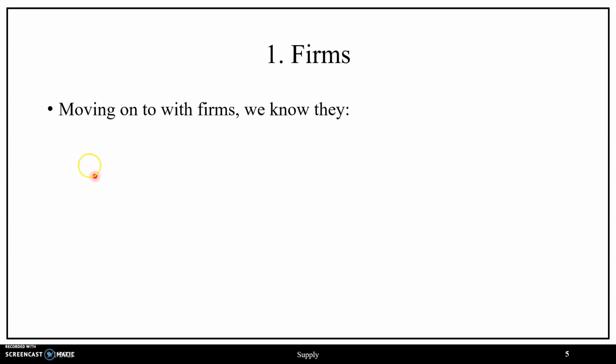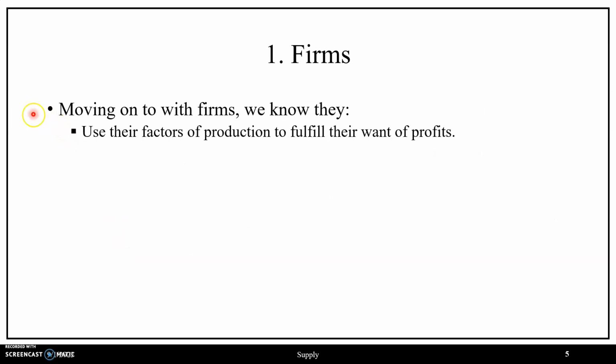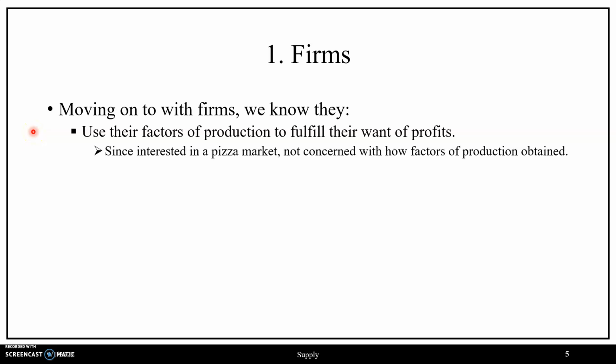So, with this in mind, moving on to our firms, we know that they use their factors of production to fulfill their wants of profits. Furthermore, since we're interested in a pizza market, which is a product market, we will not be concerned with how the factors of production are obtained.